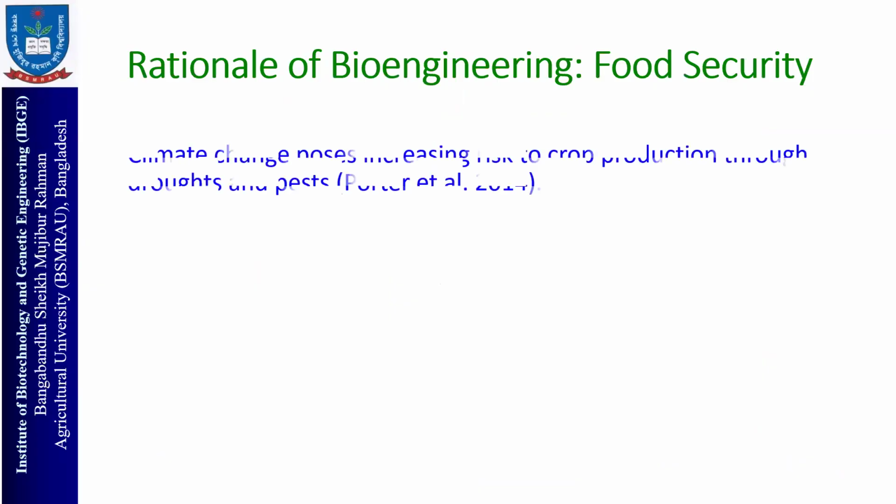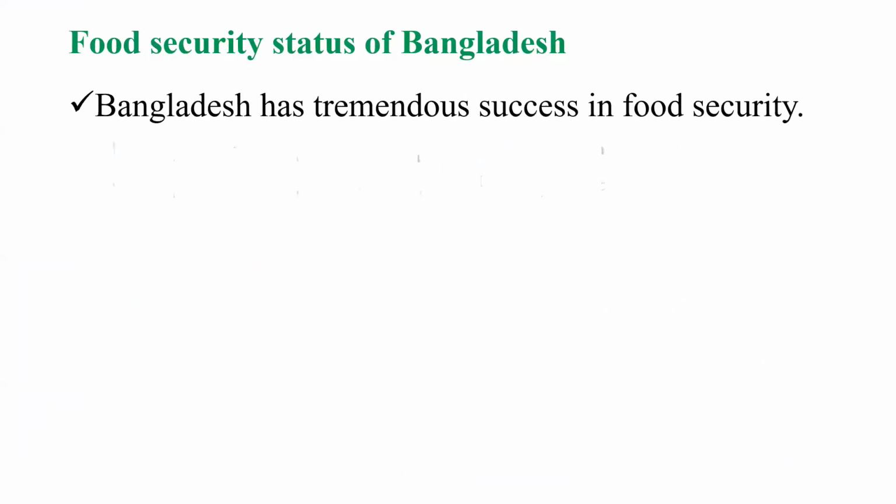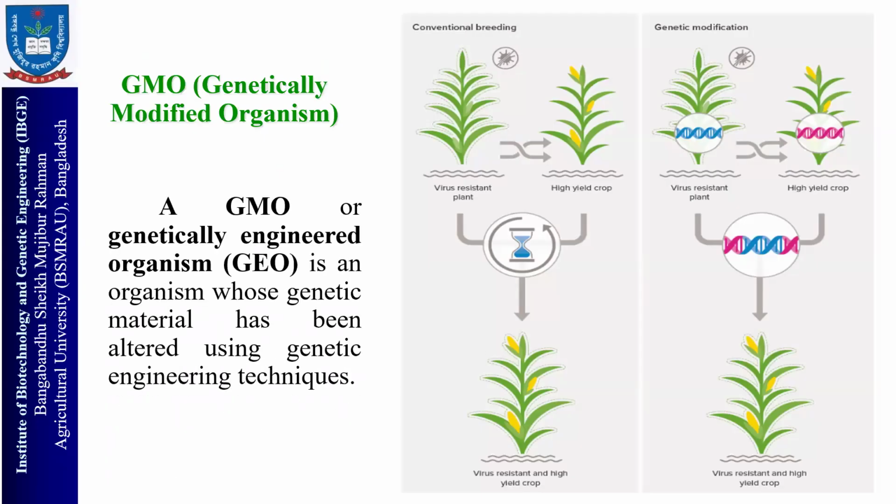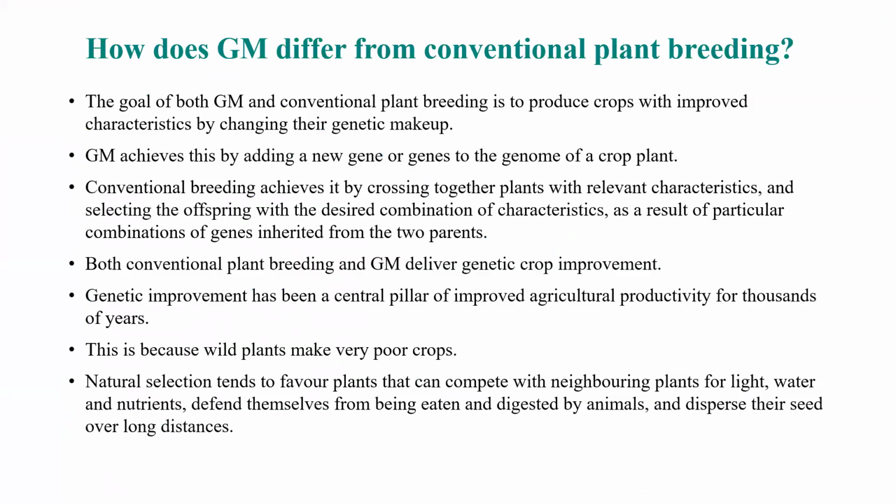I am moving a bit faster to show you GMO, genetically modified organisms. Already I discussed with you the insulin, how we can do it, and GMO is obviously different from the conventional plant, because in case of GMO, compatibility for crossing is not needed. So a gene from any other source can be utilized.